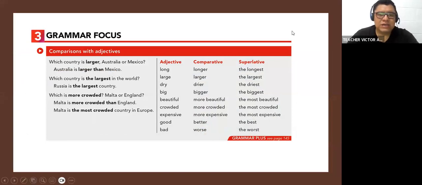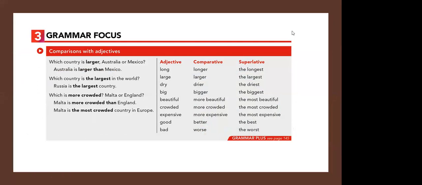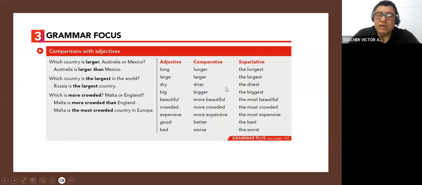Which country is larger, Australia or Mexico? Then Australia is larger than Mexico. The other one is which country is the largest in the world? So if you notice here, guys, we use these structures for 2 different purposes.